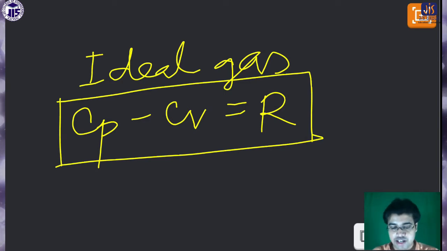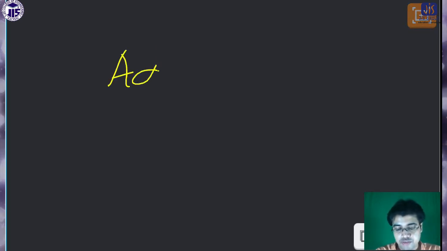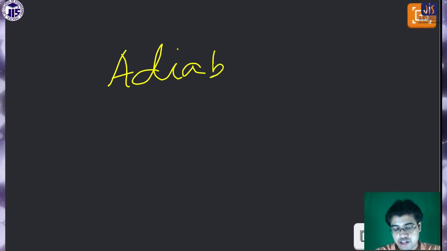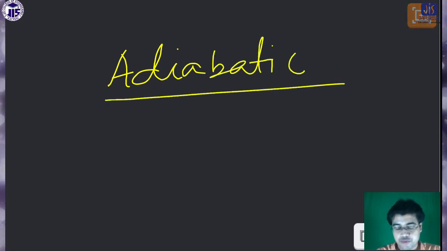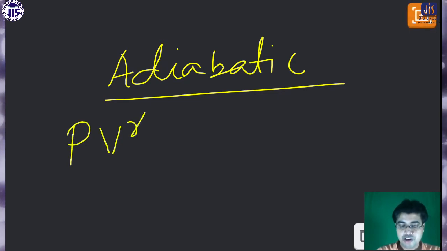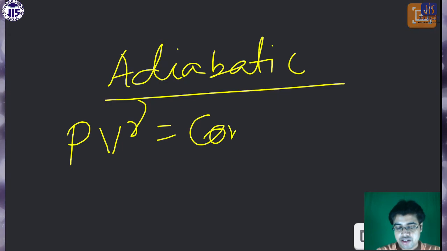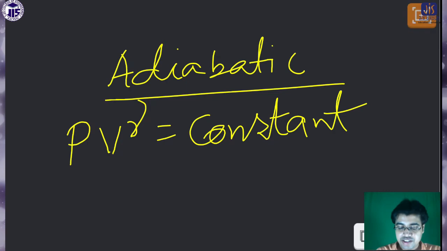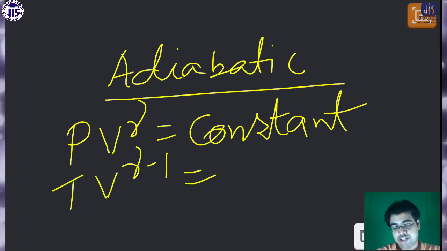Now if we consider the adiabatic work, then we'll get some kinds of relationship. For adiabatic work done, you have to keep in mind that there are three very important equations. First, PV to the power gamma equals constant. Second, TV to the power gamma minus 1 equals constant.